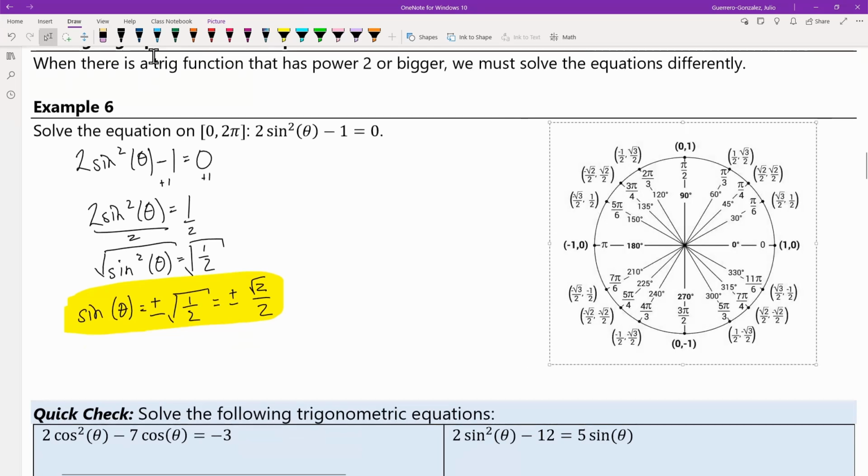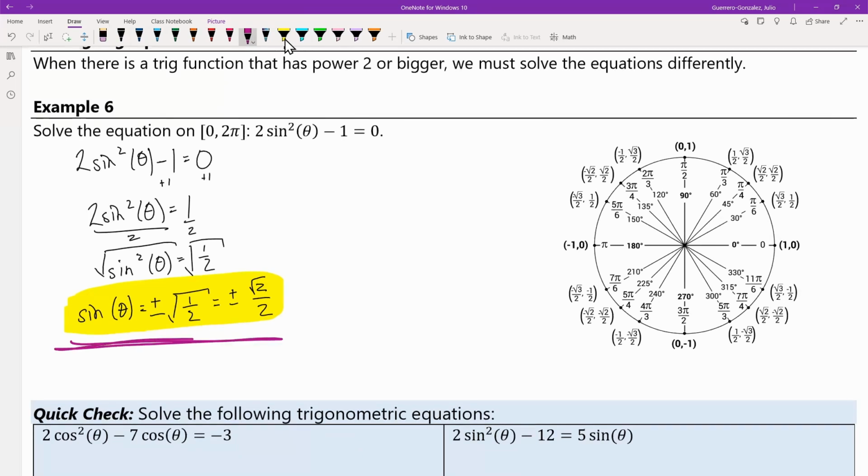Okay, so we're now down to this. We need to find when sine of theta is either positive root 2 over 2 or negative root 2 over 2. Sine is the y portion, right? And when it's positive or negative root 2 over 2, there's 4 of them. 1, 2, 3, 4.